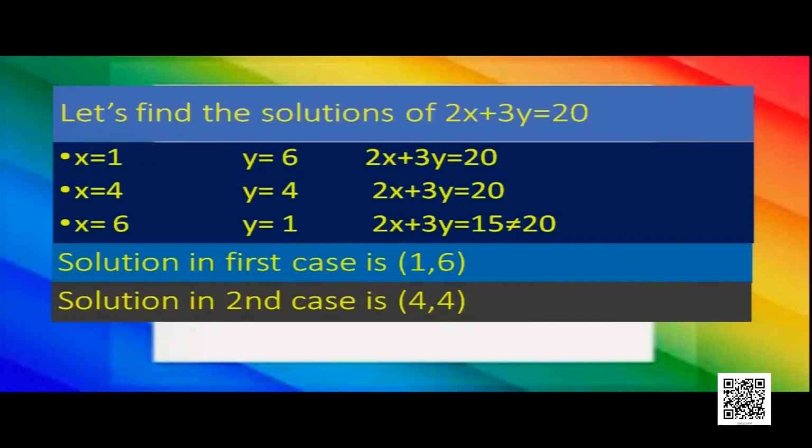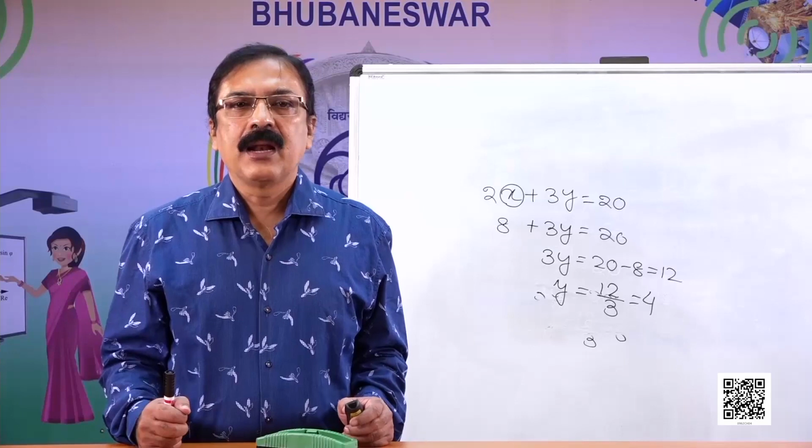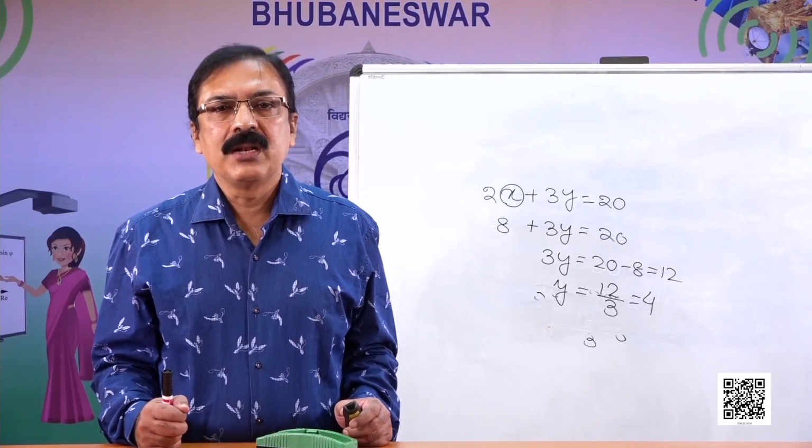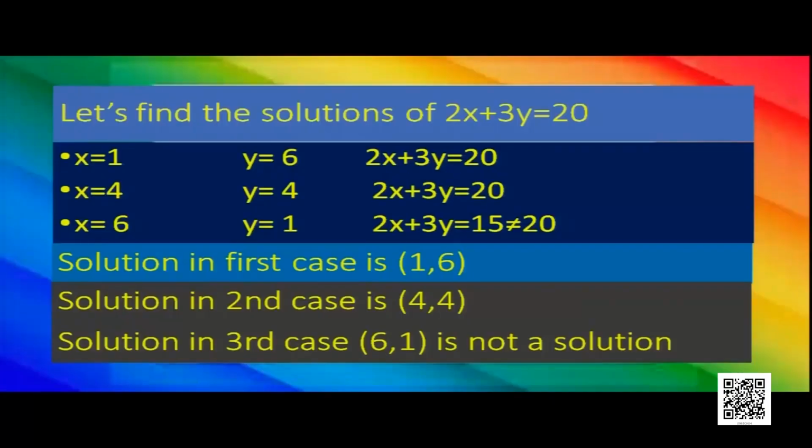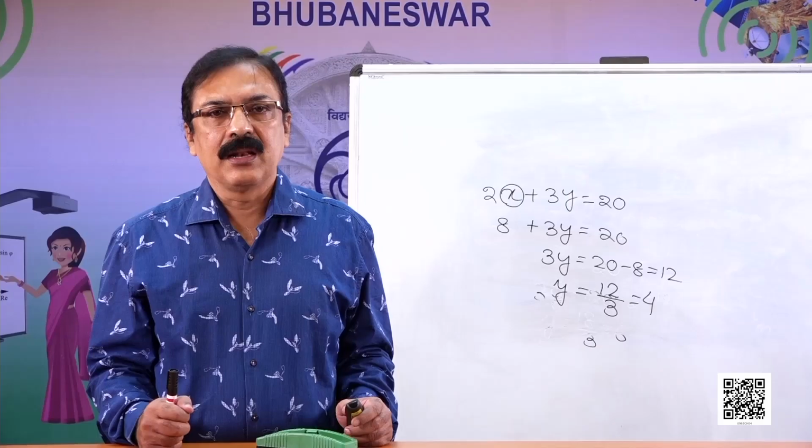Let's see. x is equal to 6 gives 2 into 6, 12, and 12 plus 3y, if we put y as 1, then 2x plus 3y is equal to 15, which is not equal to 20. That means (6, 1) is not a solution of this equation.